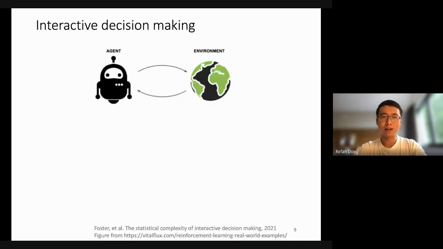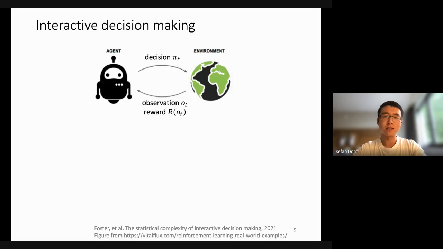Let me first give a very quick overview of the interactive decision-making framework. So in this framework, we have an agent or the learning algorithm, and we also have an environment. So in each round of the interaction, the agent chooses a decision pi sub t and sends it to the environment.